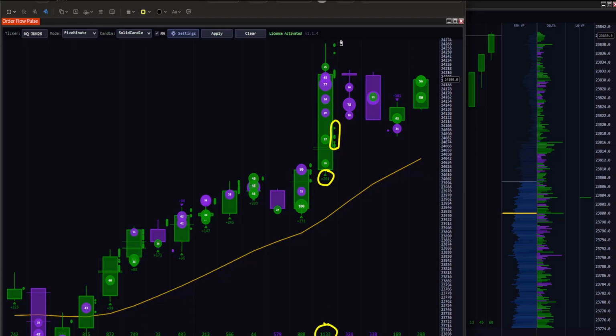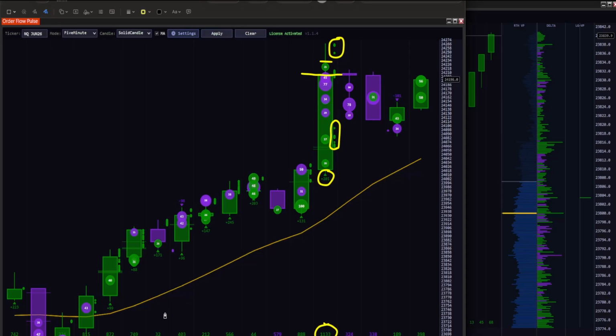Up in this area, you had persistent buying, plus you had a single order with 25 contracts. But look where we closed. We closed below all that persistent buying there. So that is a signal to go ahead and get out, because that is showing me it's weak. So that's why I get out.